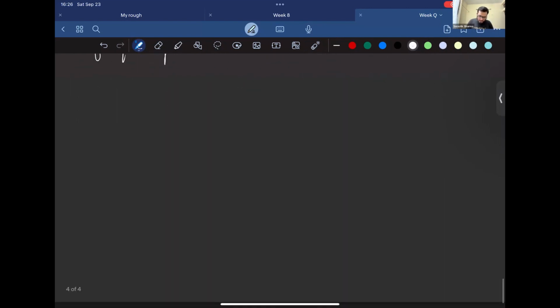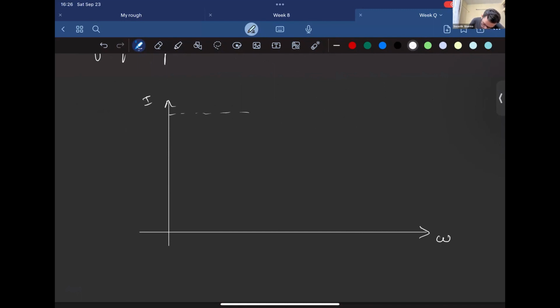So if we represent it through a graph, this is I, this is omega, and let's say this is I max. So at omega naught, I is maximum, right?